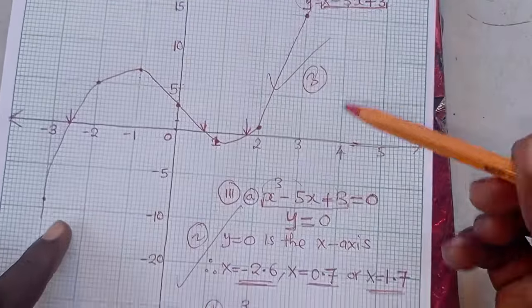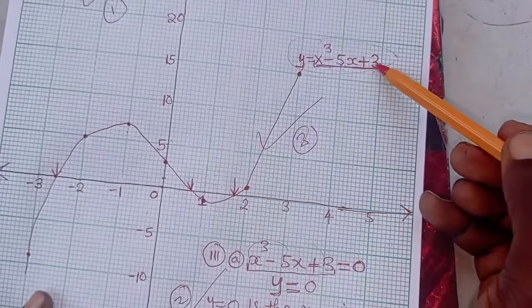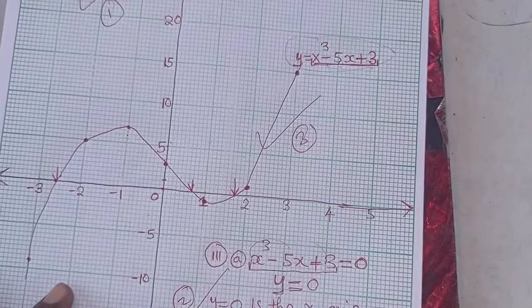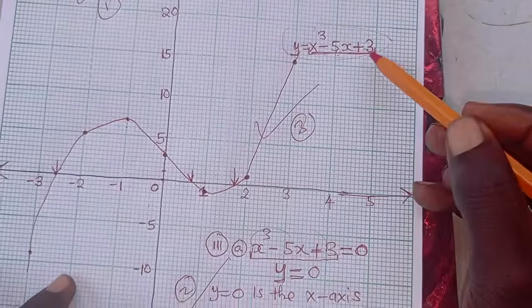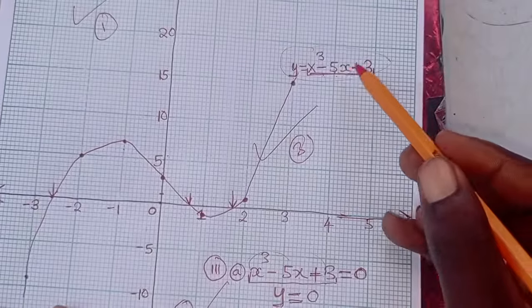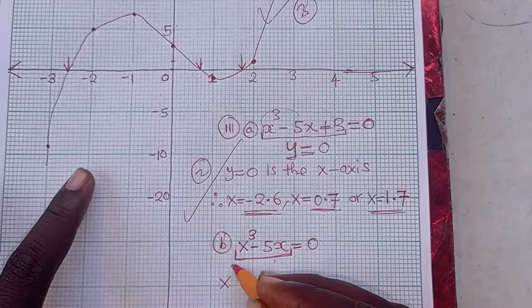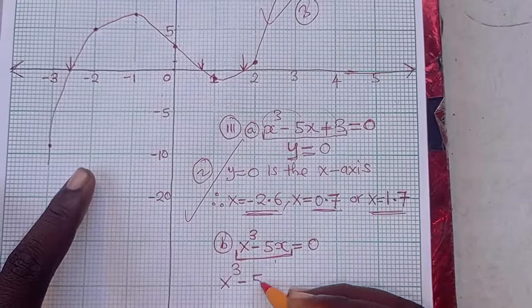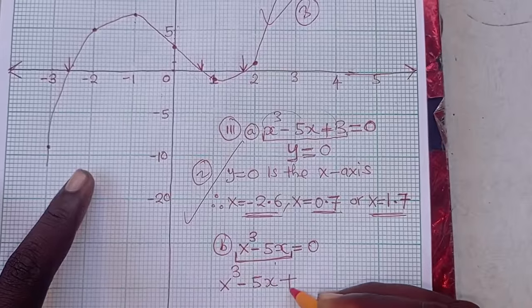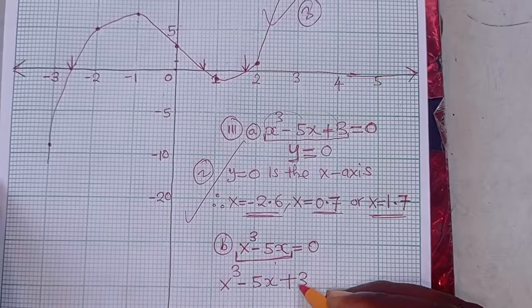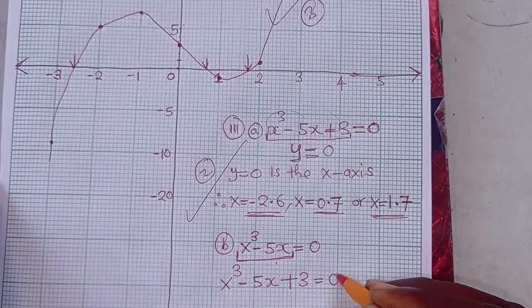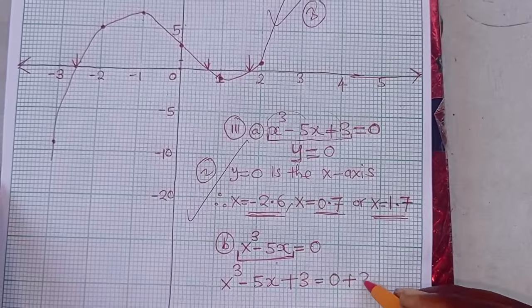The answer is no. Here there is no 3. Here there is 3. So you add what is missing. You say, okay, for this one to be like that one, I need to add a 3. So I need to say x cubed minus 5x plus 3, which is equal to, here there is 0, I say plus 3.